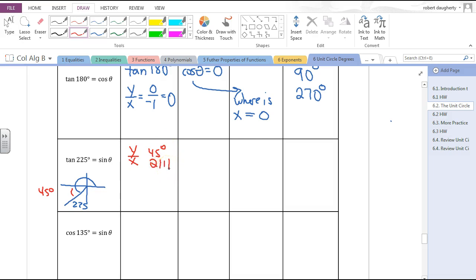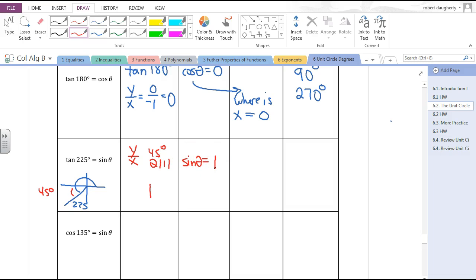Quadrant 3. For 45 degrees, what's y over x? It's 1. What's the value of tangent in the third quadrant? It's positive. So this problem becomes sine of theta equals 1.